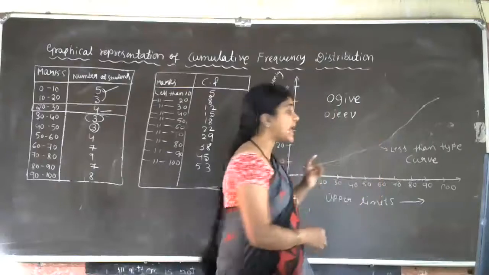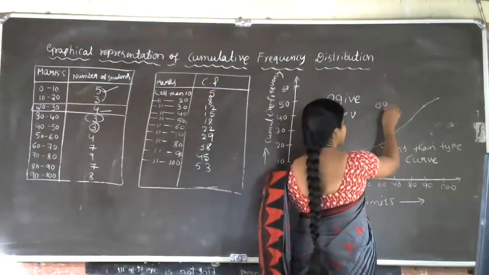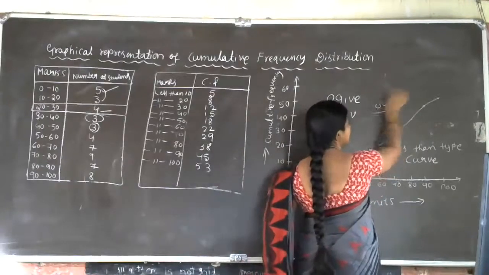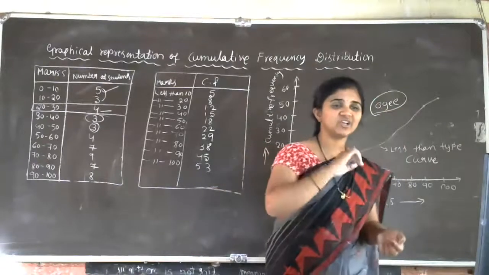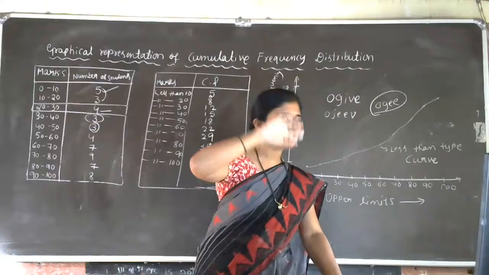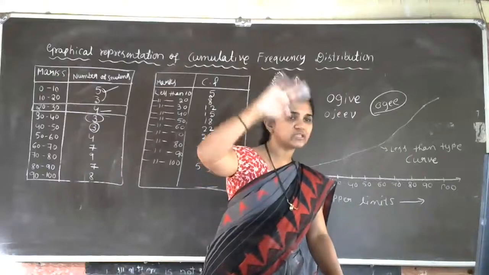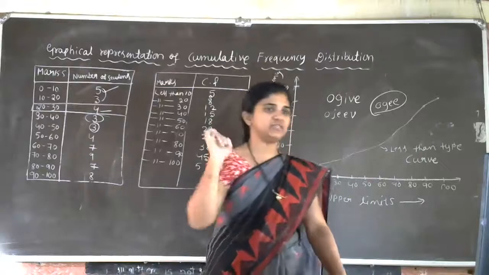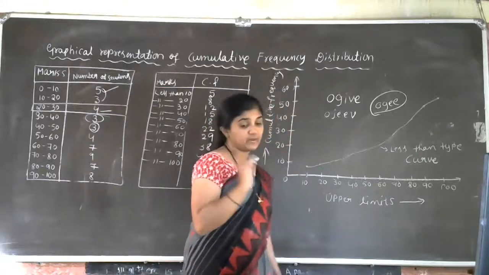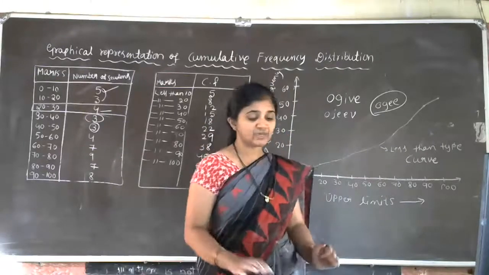Ogive is derived from the word ogi. Ogi is actually a shape. It flows from a convex to a concave shape, like an S-shaped curve. The information is given in your textbook.